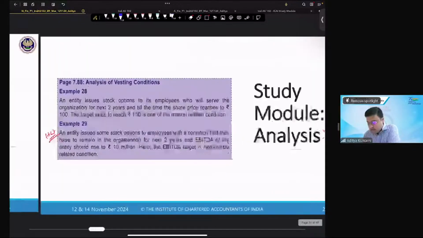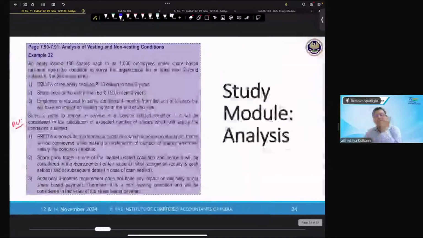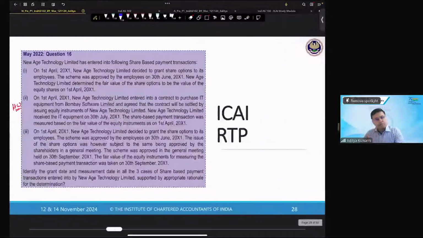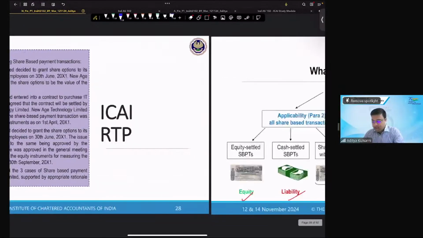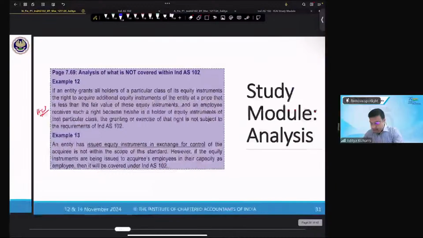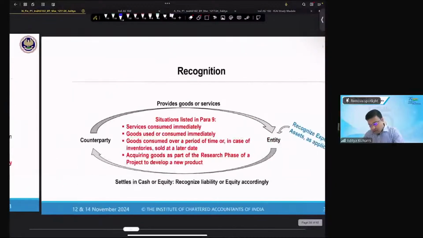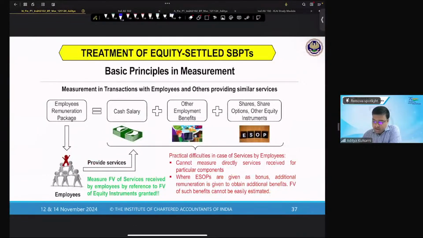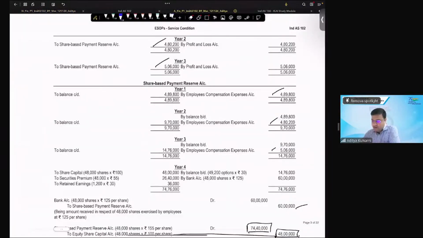We did not cover it, but exercise price is the amount that the employee will pay to the entity for getting the shares. It's a payment in cash that will be made by the employee for acquiring the shares. That's the definition of exercise price. Maybe it will be there somewhere ahead. We will come to that, but as of now, just remember that. We will look at that later on when we come.